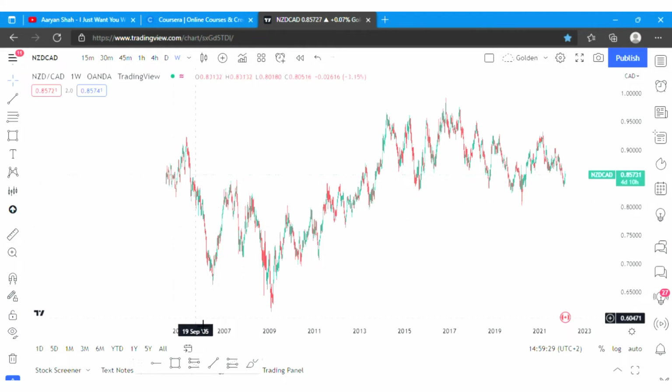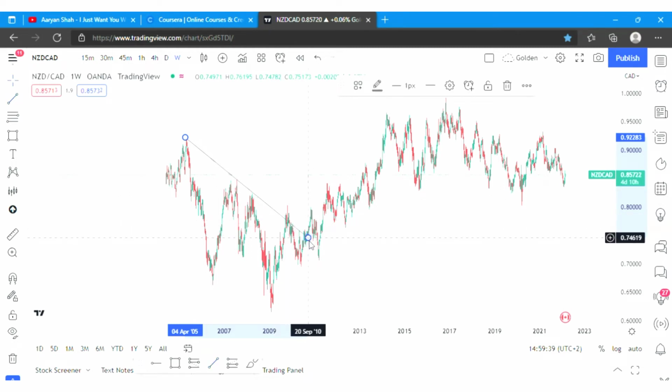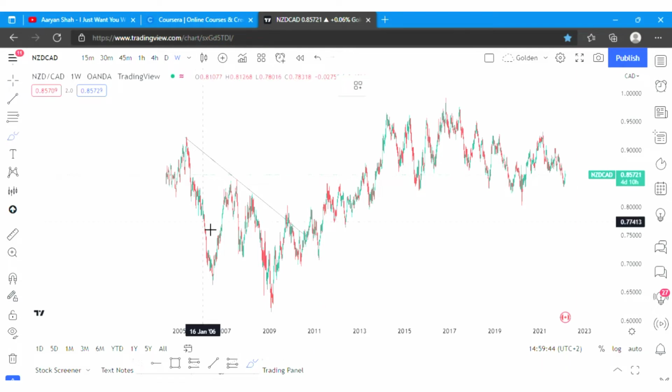When this NZD market started, we had that first touch here, then the second touch there, and then the third touch there. So this was just some sort of a descending structure, and then the market broke out of the structure on that third touch.